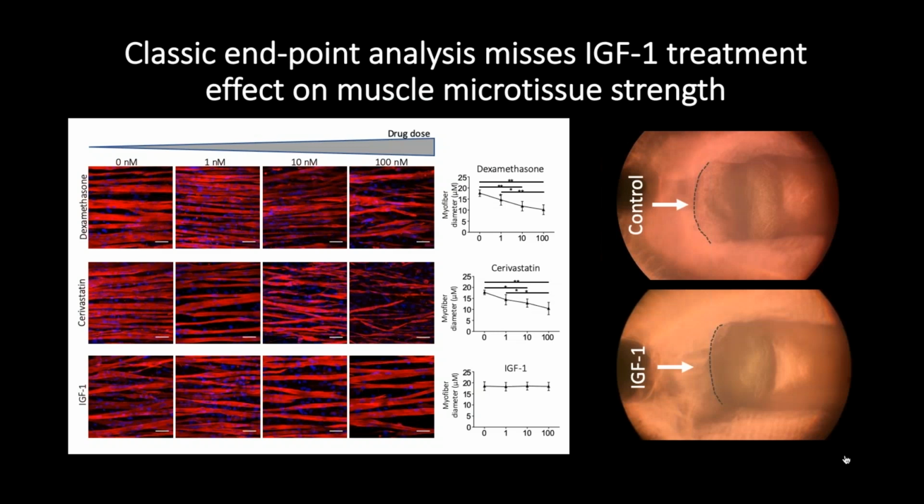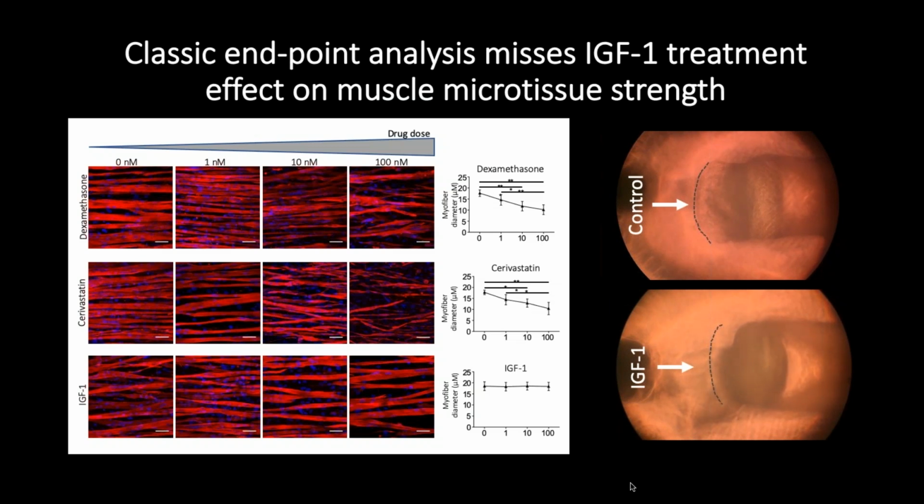This is in contrast to when we perform instead our non-invasive assay to look at the strength of the tissues. And hopefully you can see here that in the control condition, we're looking at the movement of the post.